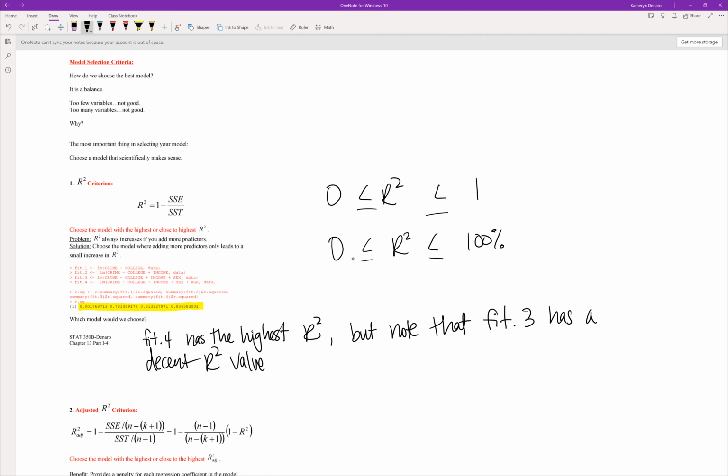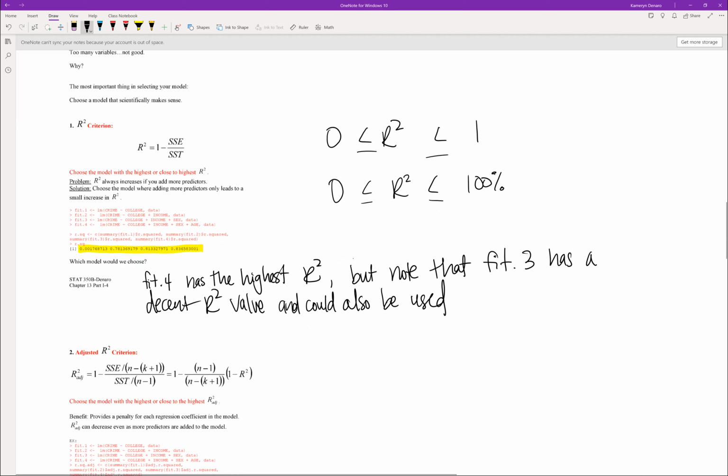And from before, we knew that the correlation between college and age was somewhat high. So fit.3 might be the model that you end up choosing. Fit.3 has a decent r² value and could also be used.